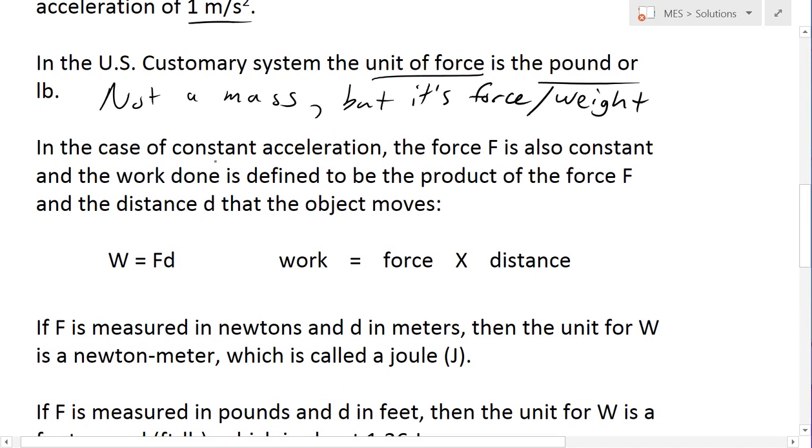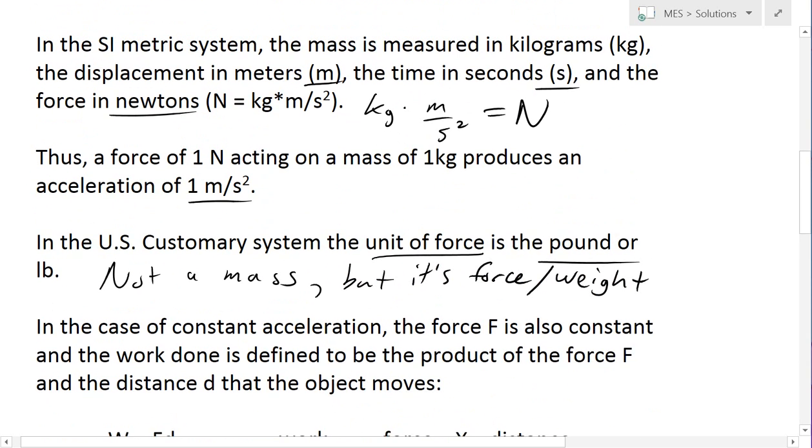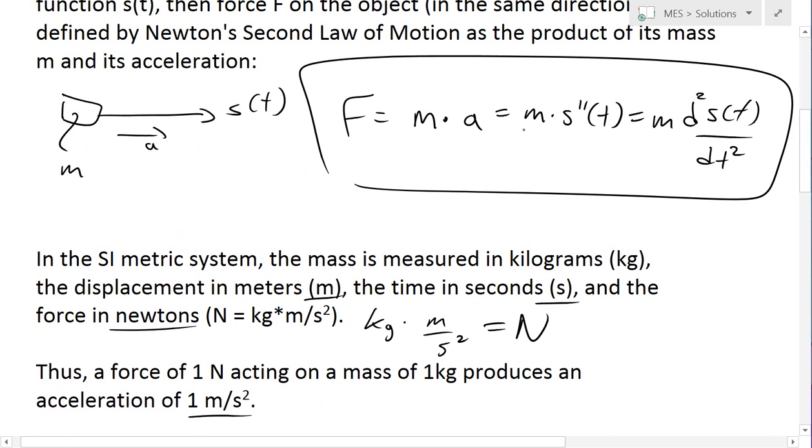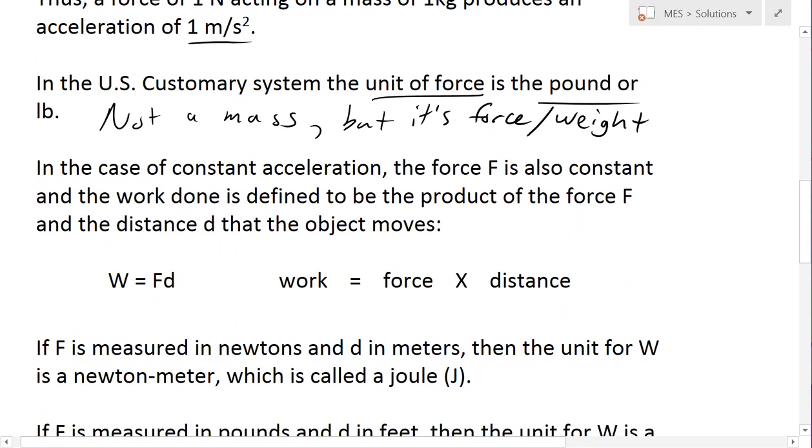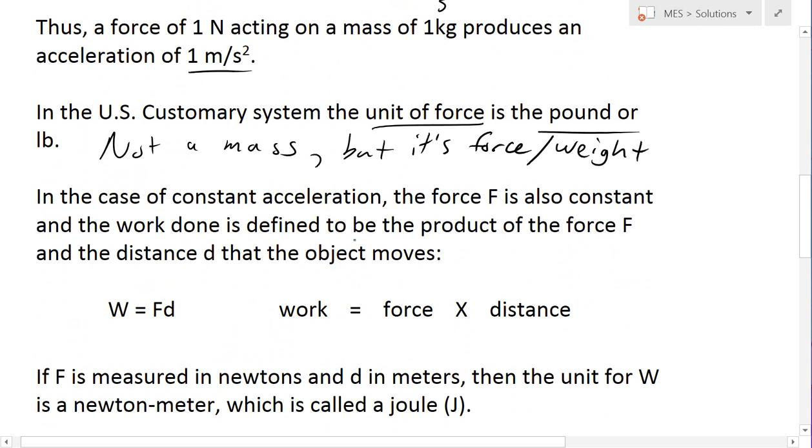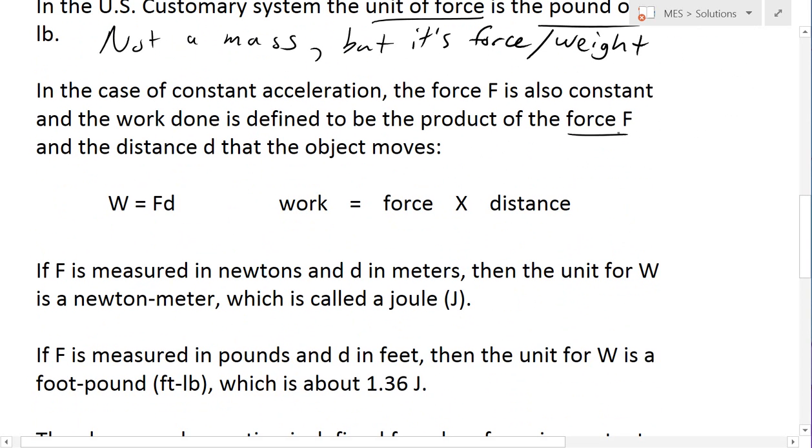In the case of constant acceleration, the force F is also constant, because if acceleration is constant and mass is constant, then the overall force is constant. The work done is then defined to be the product of the force times the distance that the object moves.